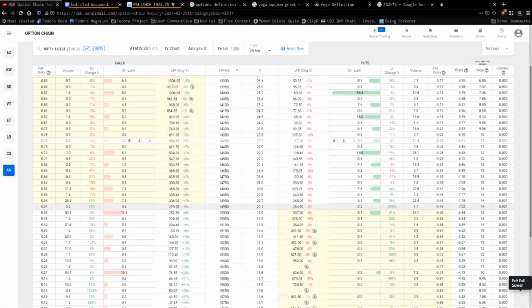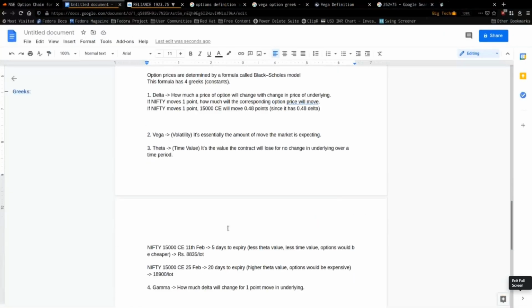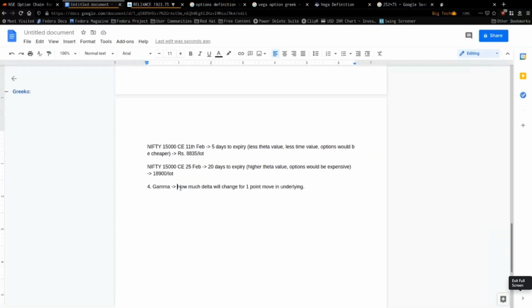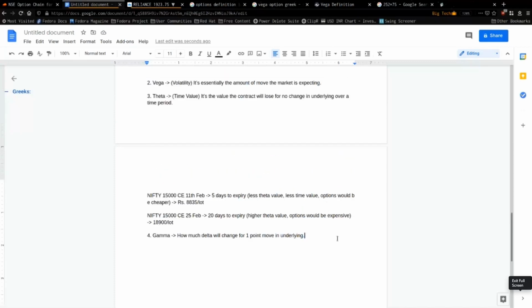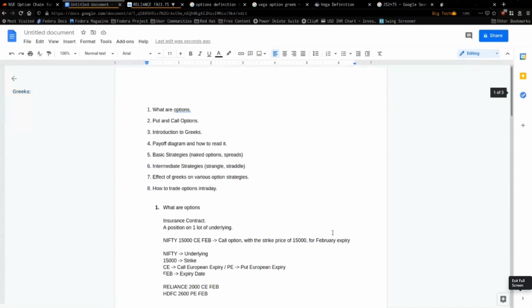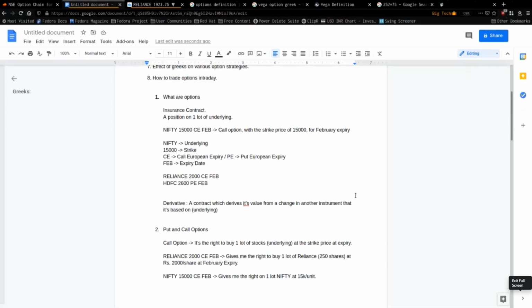So what determines this change in the value of delta itself? It's the gamma. Gamma defines how much delta will change for a 1 point change in underlying. I don't know how to further simplify this, but as we go into more option strategies, this might start to make sense.